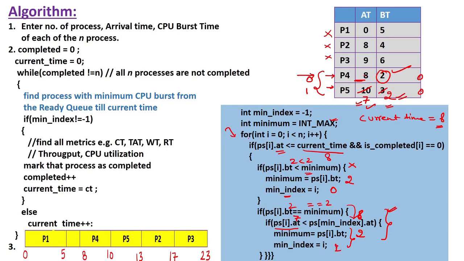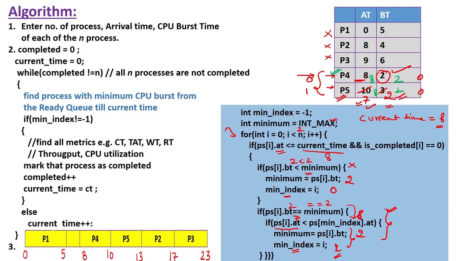Now I'll not go to the next process because I have only 2 processes, right? So this code will give me the minimum index as 1, that is I will select P5. So this is handling the case of the same CPU burst time, and you can check by yourself that if burst times are same and the arrival times are also same, let's say this is 2, this is 2, and this is 8, this is 8, and only these 2 processes are there, then which process should be selected when arrival time and burst time both are same?